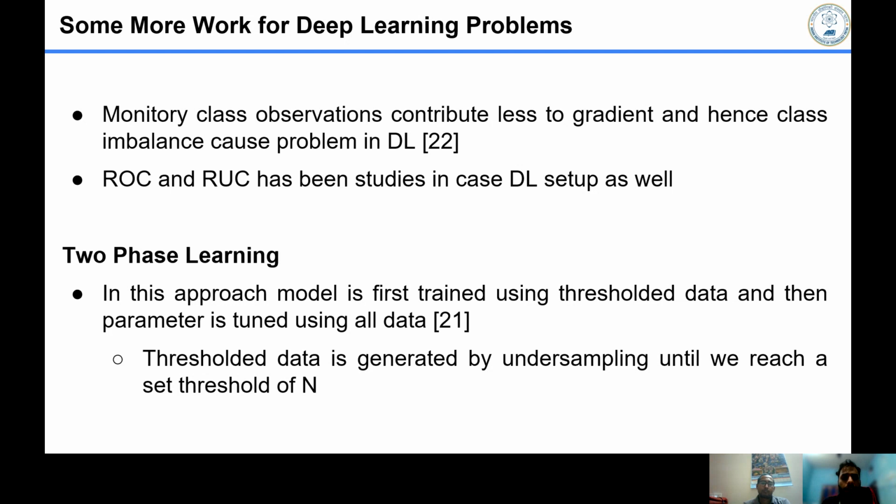The other approach, named two-phase learning, has also been proposed. In this approach, the model is first trained using thresholded data, and then the parameters are tuned using the entire data set. The thresholded data is generated by repeated undersampling until we reach the set threshold of n number of points.